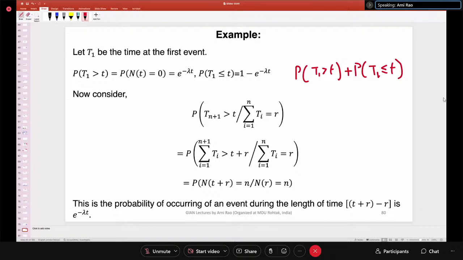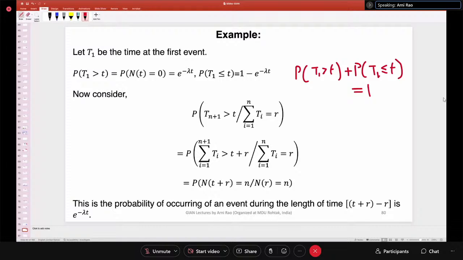The first COVID patient with hypertension came after the third day. That is the same as saying that on the first day and second day, no COVID patient came. So the probability T1 greater than t and T1 less than or equal to t, that means the first event occurring at t or below t, the sum of these will be 1. That's the law of total probability.